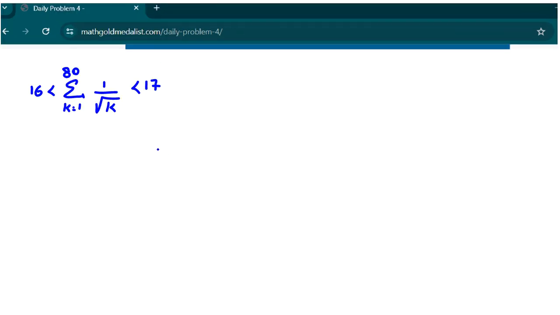For this part, I consider 1 over root k equals 2 over 2 root k. Why do we do this? Because then we can write 2 over root k plus root k. Now, because we have 2 root k's, we can use inequality.